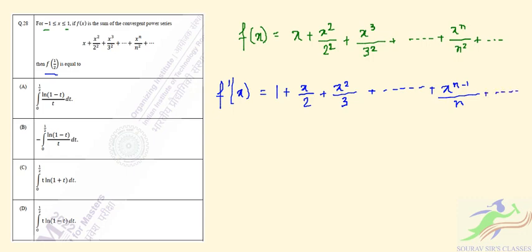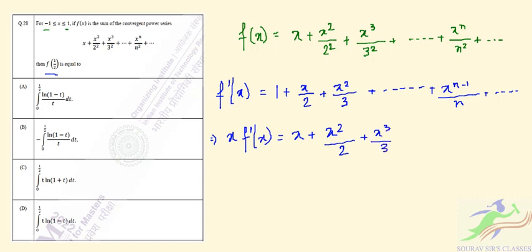So from here, multiply both sides by x, so x of f prime x will be x plus x square by 2 plus x cubed by 3.